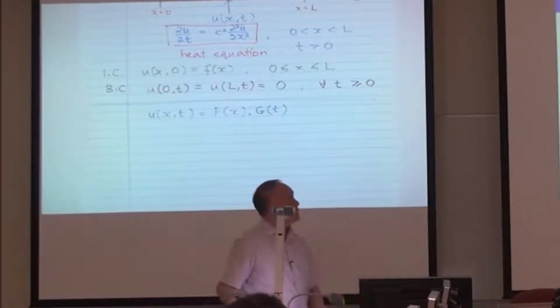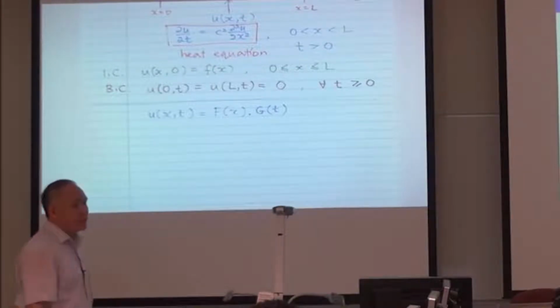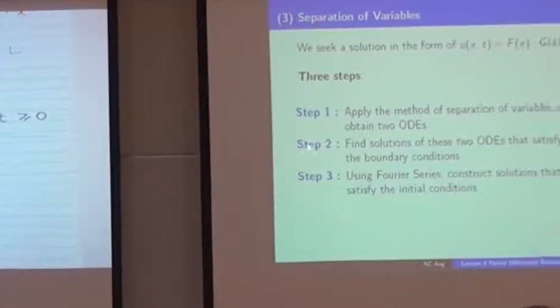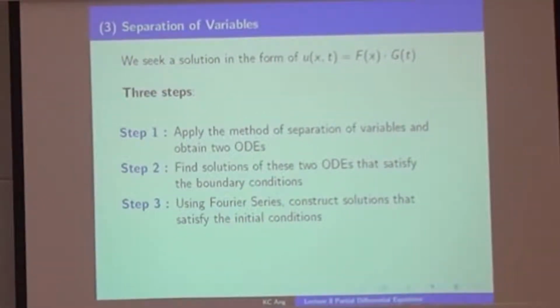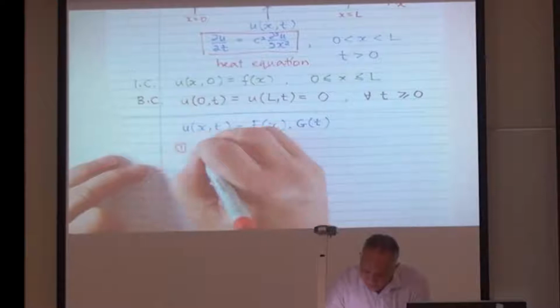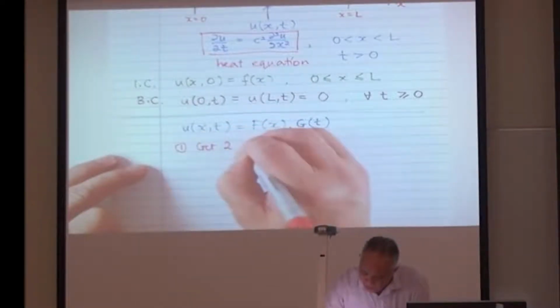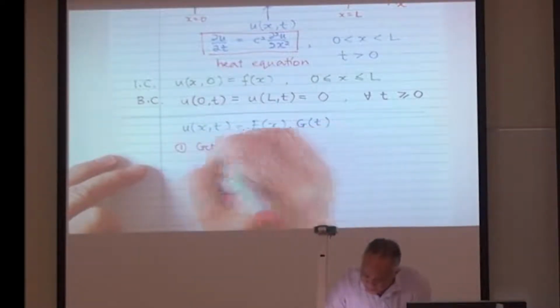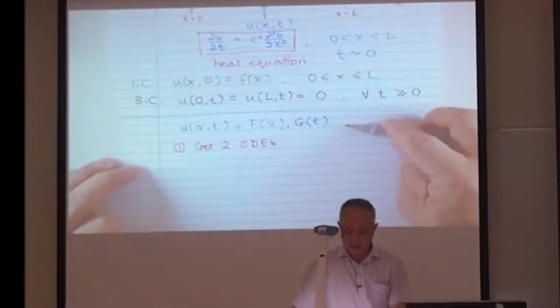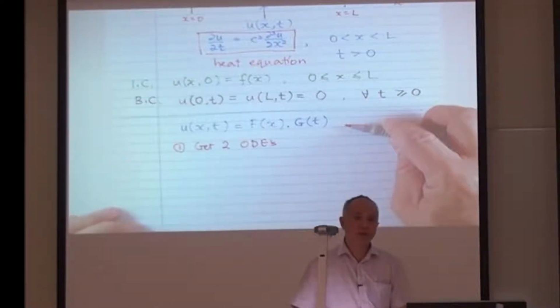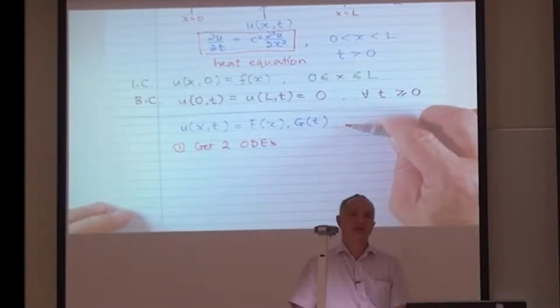And the strategy here is to apply these three steps. Step 1, step 2, step 3. The first step is to apply the method of separation of variables to construct two ODEs. So the first one is to get two ODEs based on the fact that we are assuming u(x,t) is f(x) times g(t).